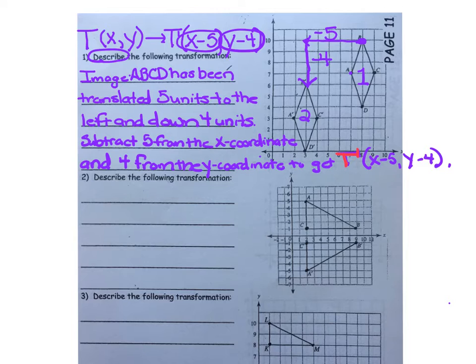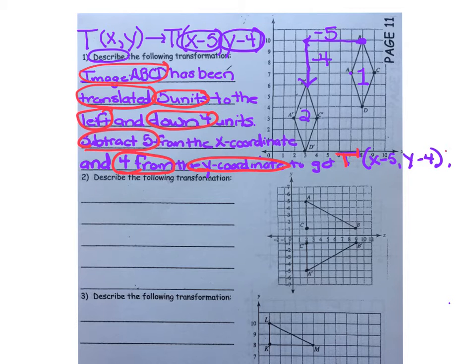Make sure you include important details like naming the image, listing what type of transformation it is, how many units and the different directions that you move, and how you arrived at your answer. You subtracted 5 units from the x-coordinate and 4 from the y-coordinate. And it's important to include details like this mathematical notation.